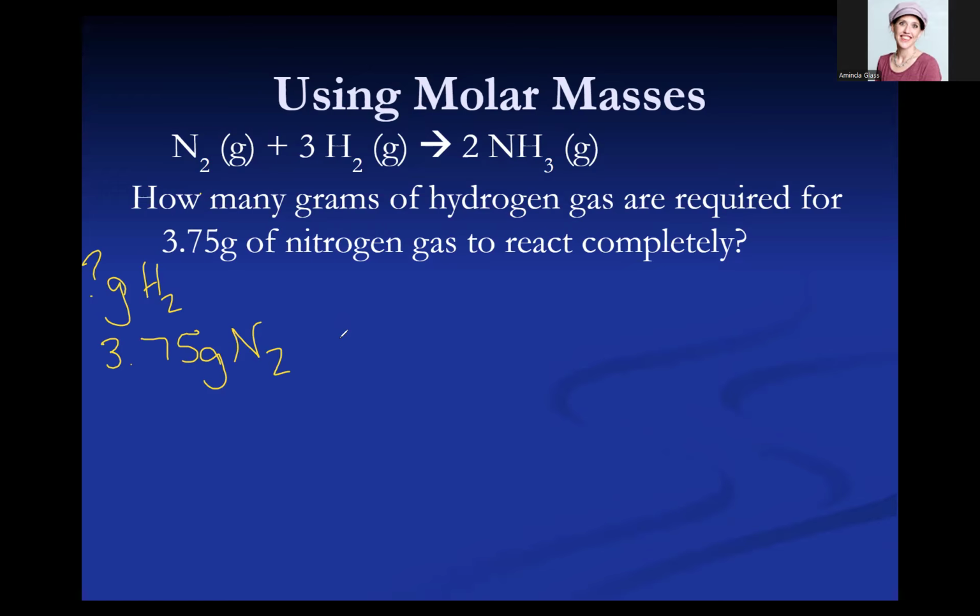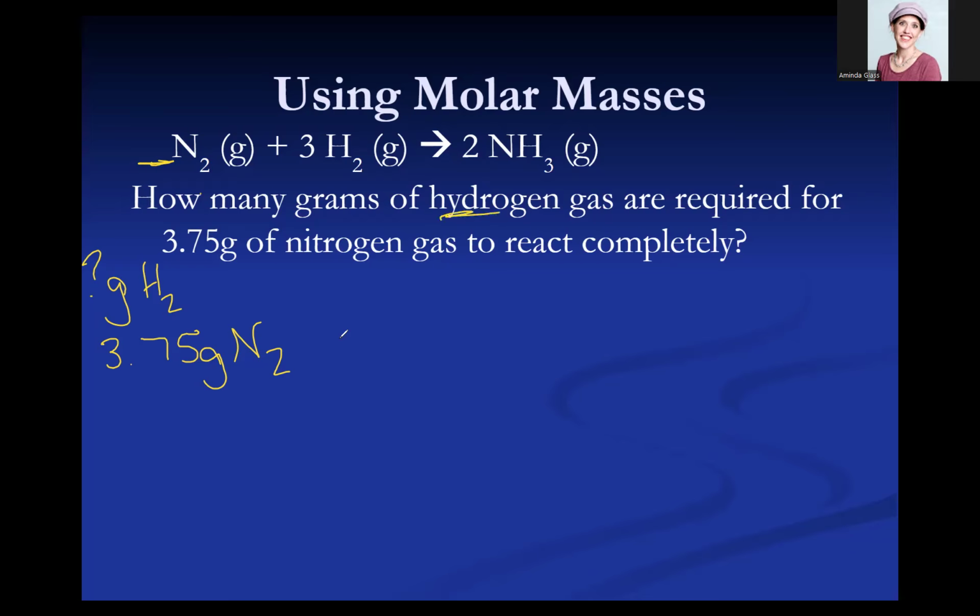So I look at this and I think, whoa, that's a lot. I have all the information here plus a periodic table, and we could do this. So I look and I say I have 3.75 grams. Well, here I know that I need 1 mole. Well, if I have 1 mole, then I can answer the question.